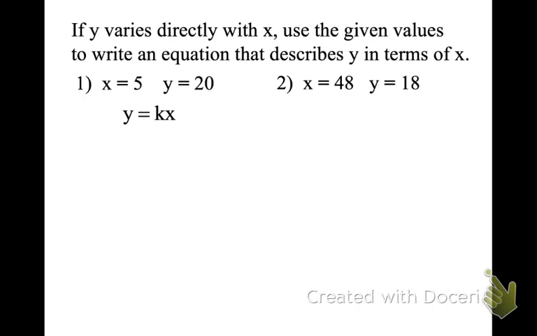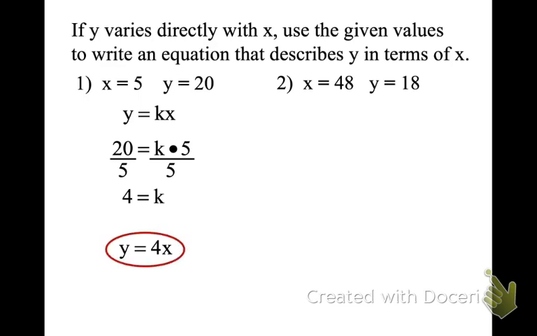Okay, so I have to substitute in. I'm going to substitute 20 for the y and 5 for the x. I divide them out. I get k is equal to 4. So now we get y equals 4x. That is my direct variation equation. Once I substitute the k in, that becomes the direct variation equation. Okay, pause the recording and try the next one on your own.